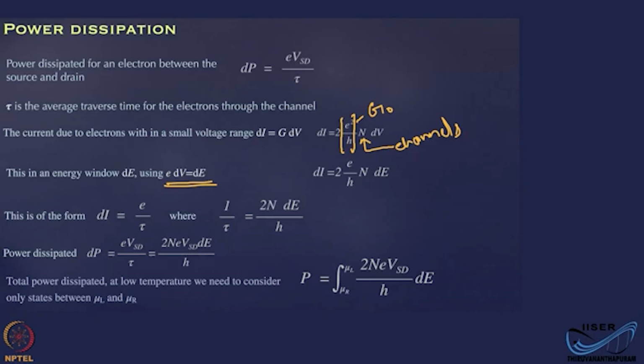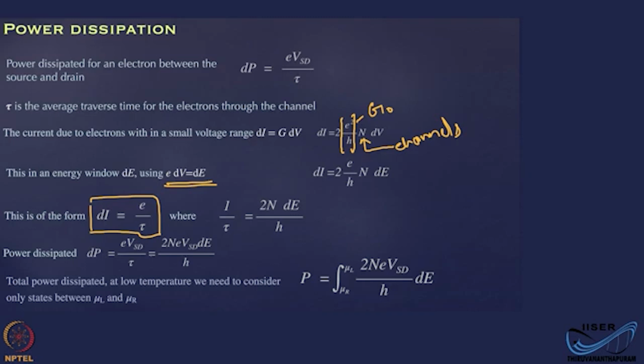That is the current. Now, current is also of the form charge transfer rate, or charge divided by the time taken for the charge to move through the system, that is tau. So dI is e by tau.